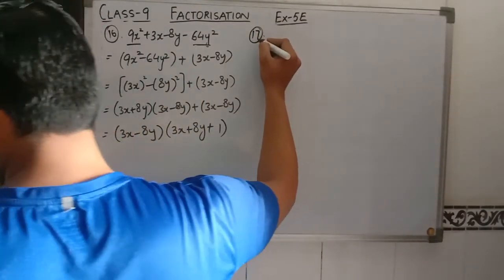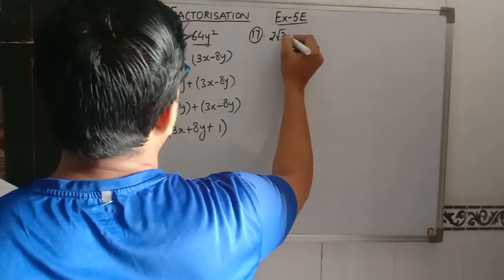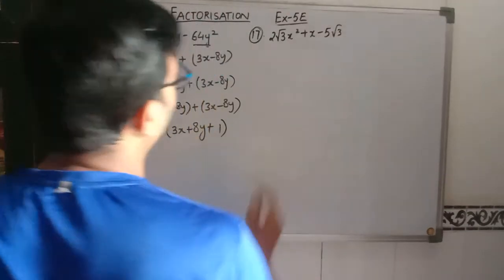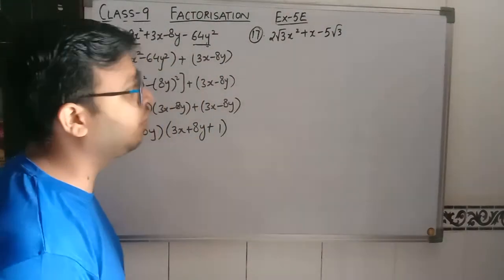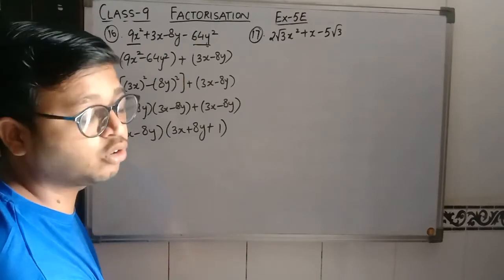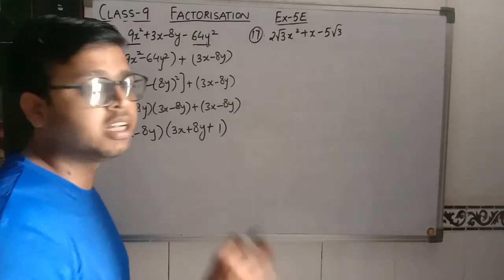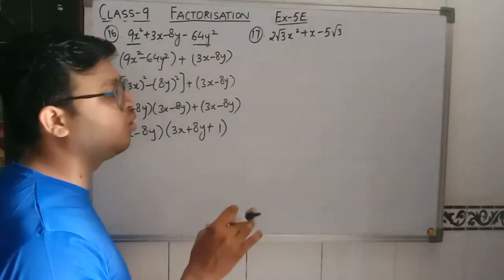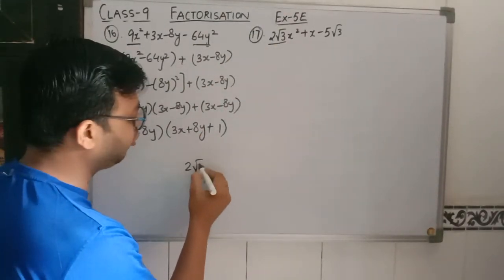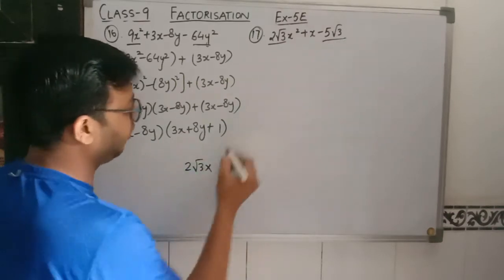Now question number 17: 2 root 3 x square plus x minus 5 root 3. I have observed that many students cannot solve root questions because they consider that root questions can be solved with some other method. And I am telling you there is no other method to solve such questions. Again, the coefficient of x square is 2 root 3, the constant is 5 root 3.